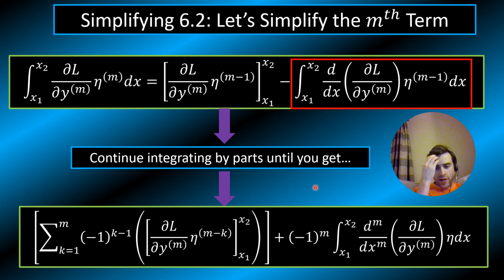And the reason why you want that eta term on the end is because in the end of doing all this, you want to apply the fundamental lemma of the calculus of variations to simplify everything. And also, these terms vanish. That's why you can even apply the calculus of variations lemma.